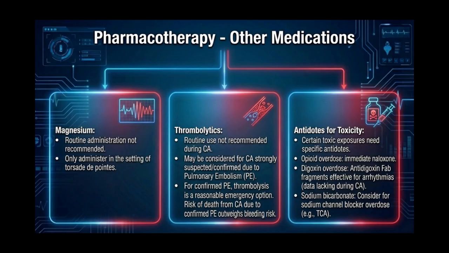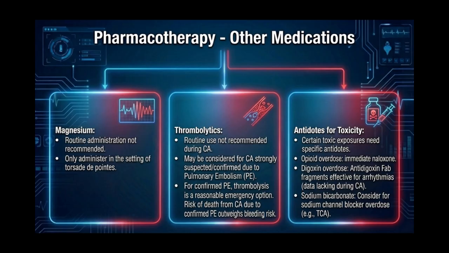Although evidence collected from observational studies is mixed and can be biased, the risk of death from cardiac arrest due to confirmed pulmonary embolism is deemed to outweigh the bleeding risks associated with thrombolysis. In cases of specific toxic exposures, the administration of certain antidotes may be necessary. For opioid overdoses, immediate treatment with naloxone is essential.